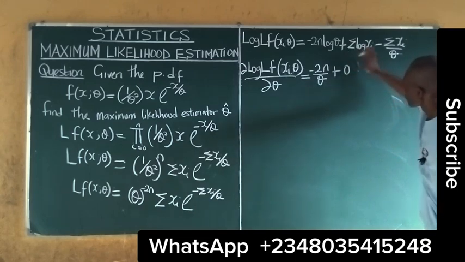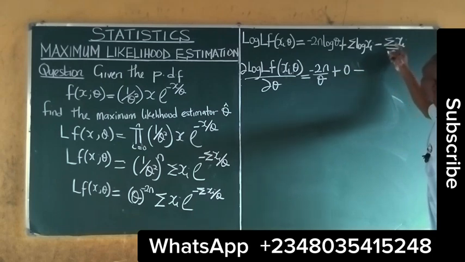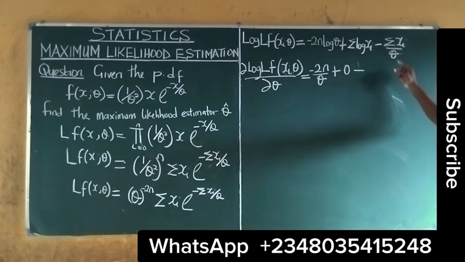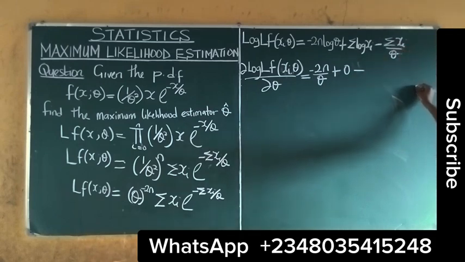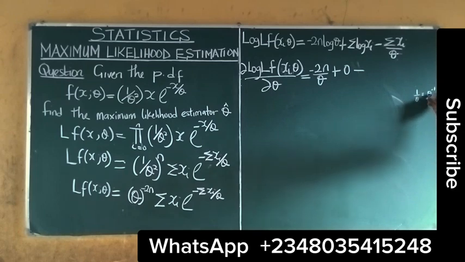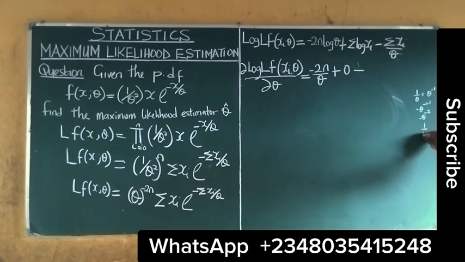Then minus, if we differentiate this with respect to theta, we get something like this. That means 1 all over theta, which is the same thing as theta to the power of negative 1. So if we differentiate this, we'll have negative theta to the power of negative 1 minus 1, which is negative theta raised to the power of negative 2, which is the same thing as 1 all over theta squared.